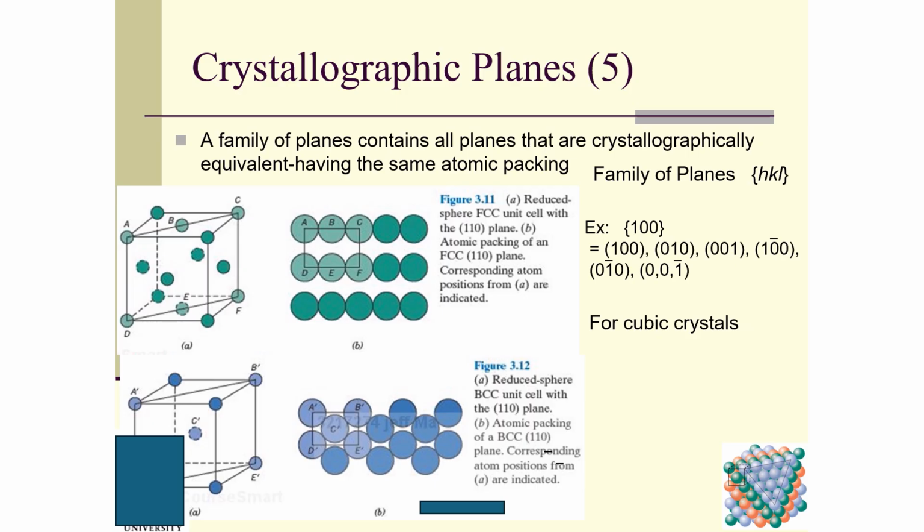B is the atomic packing of the FCC (110) plane. Corresponding atom positions from A are indicated. Here is a reduced-sphere BCC unit cell with the (110) plane, and you can see the atomic packing of a BCC plane, with corresponding atom positions from A indicated. Do you understand? If you have questions, ask me now. If we do not have questions, we move on to the next step.